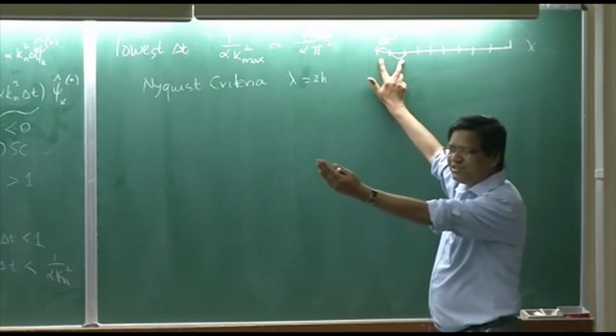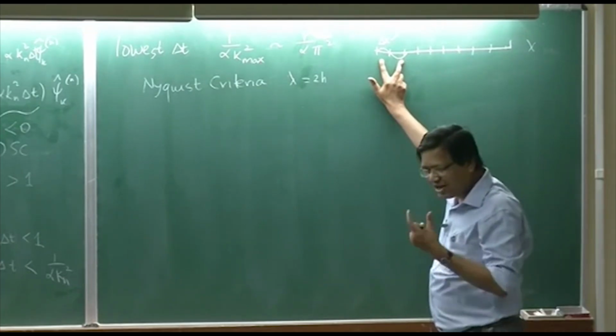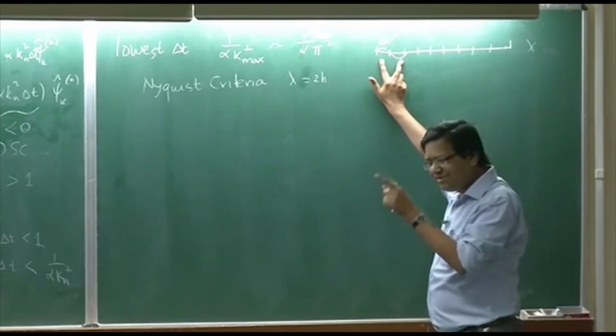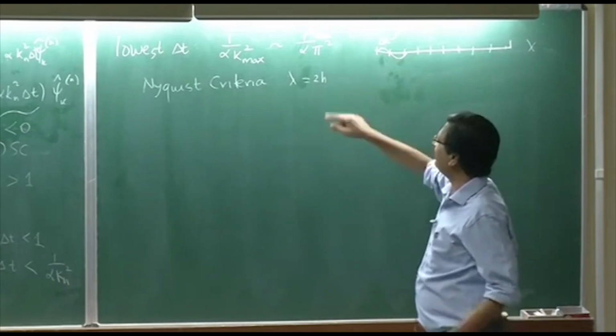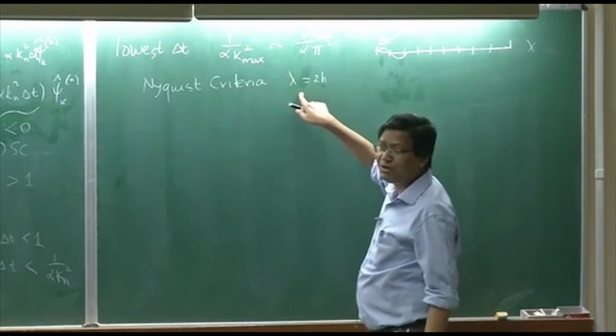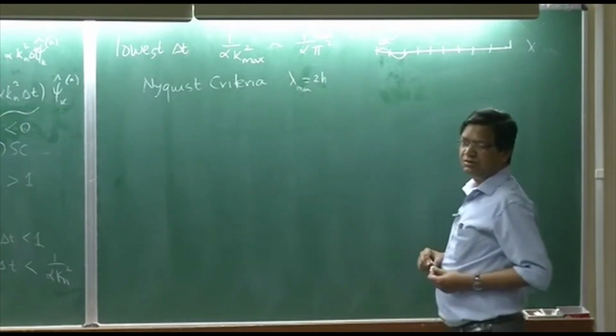So suppose there is a signal coming from the radio station, I want to filter it, I want to analyze the time series. So what should be my spacing of delta x? My delta x must be lambda min by 2. Okay.